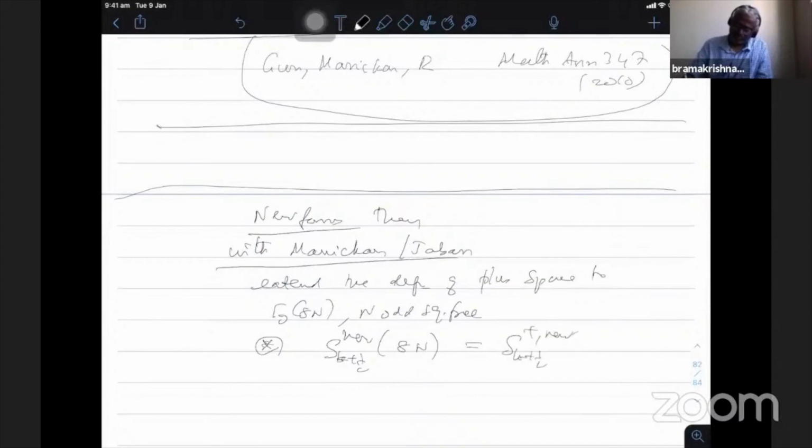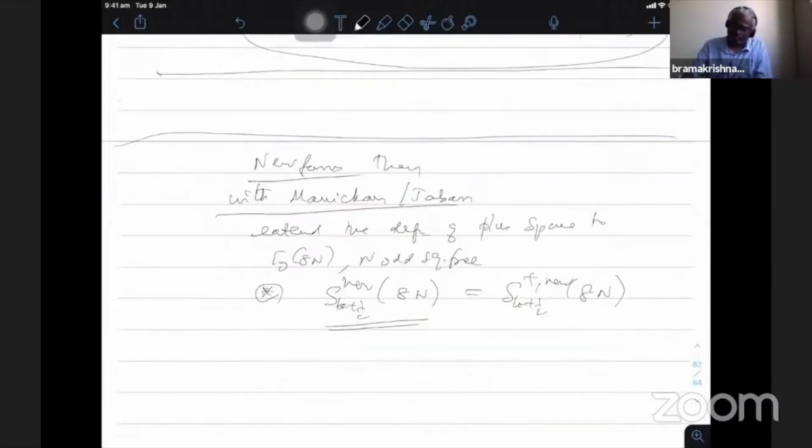This was already studied by Manikam in his thesis, for level 8n with n odd and square-free. But when we introduce the plus space, we see that these two spaces are one and the same. We could define a projection operator which takes forms to the plus space, and one can define a plus space at this level also.